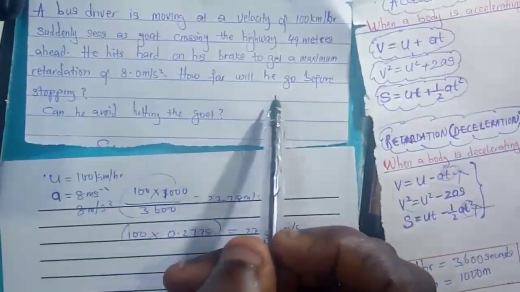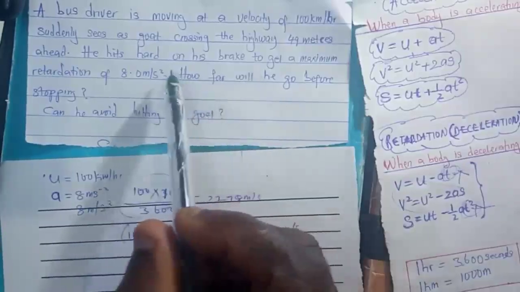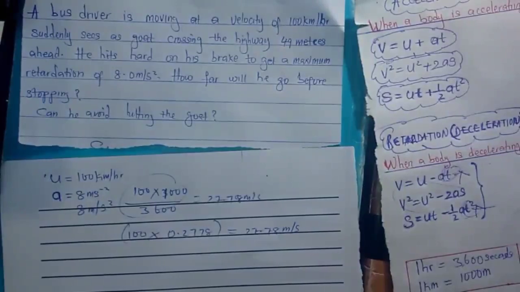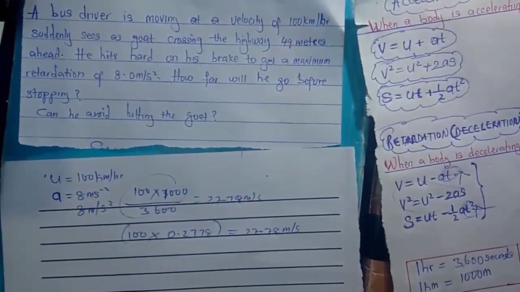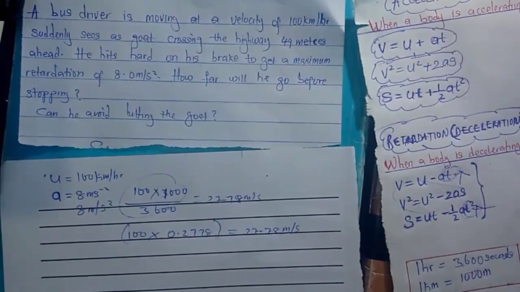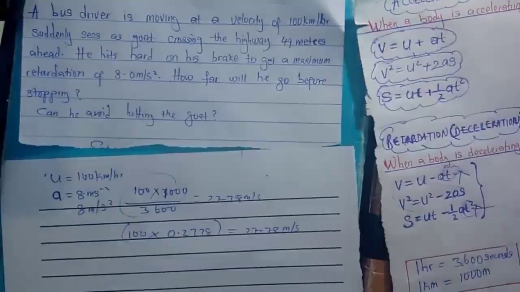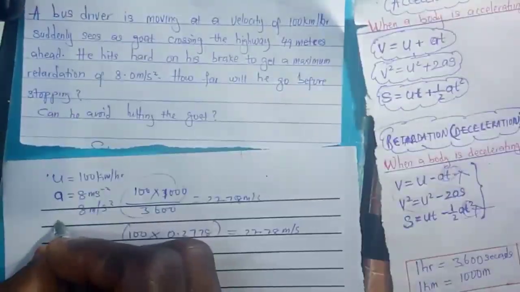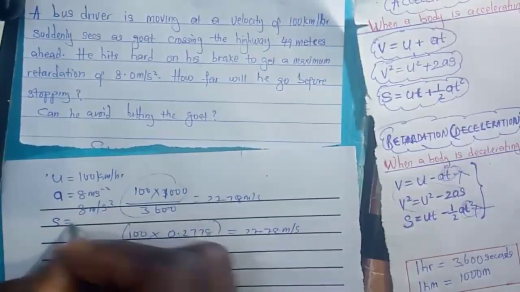How far will he go before stopping? This statement is very important because it carries two important variables that you need to take into consideration. The first one is how far. How far is the distance.